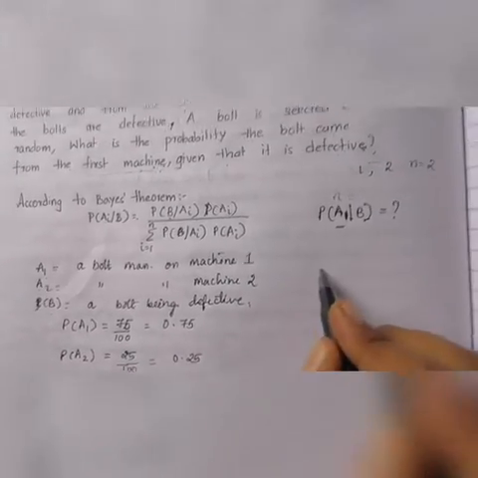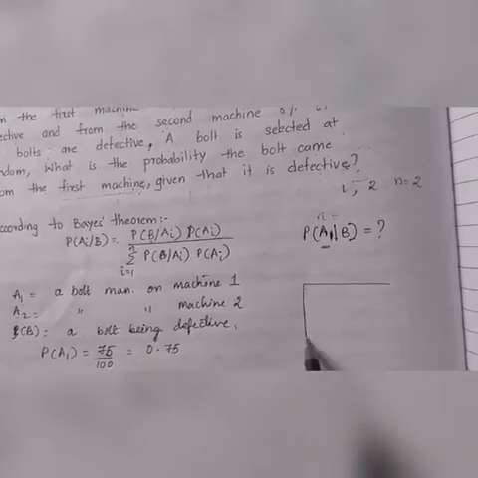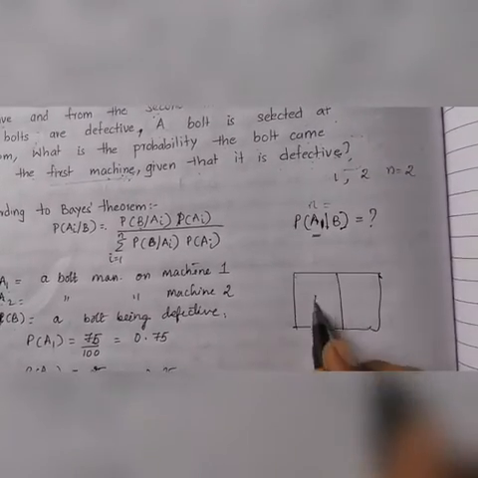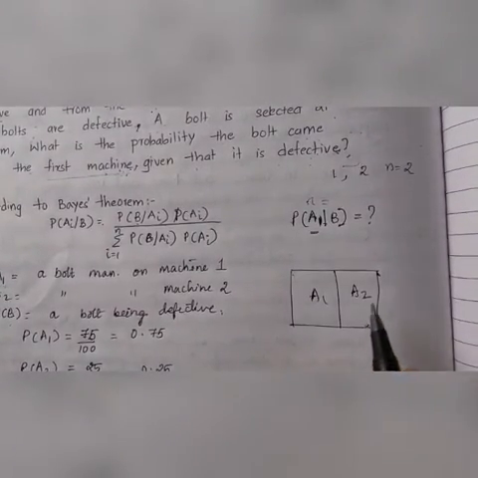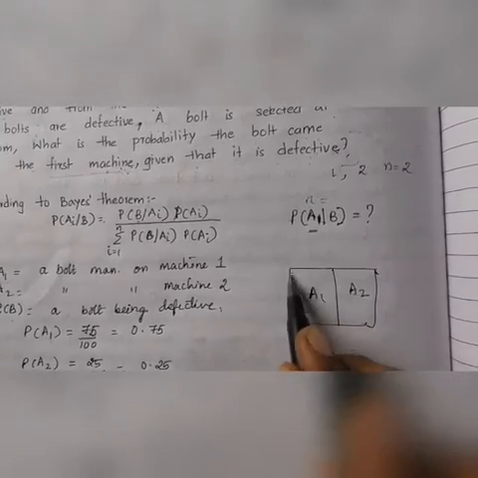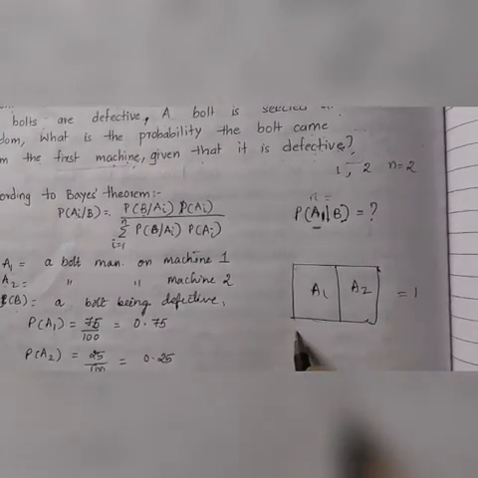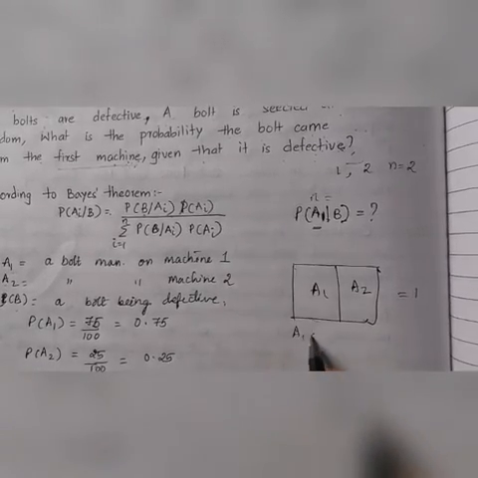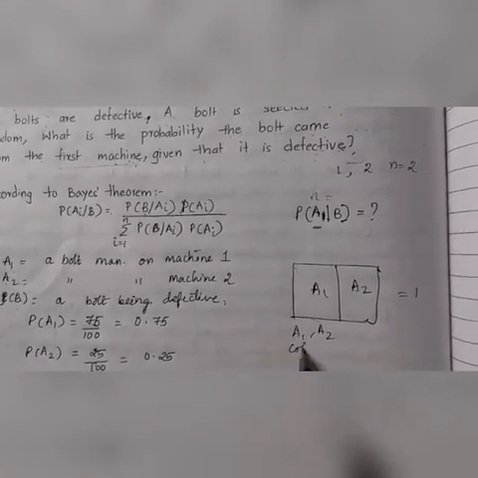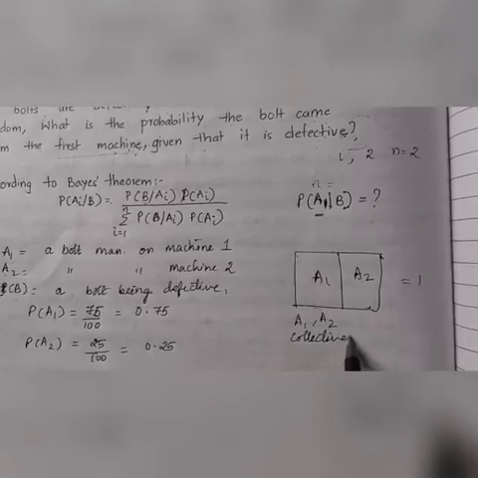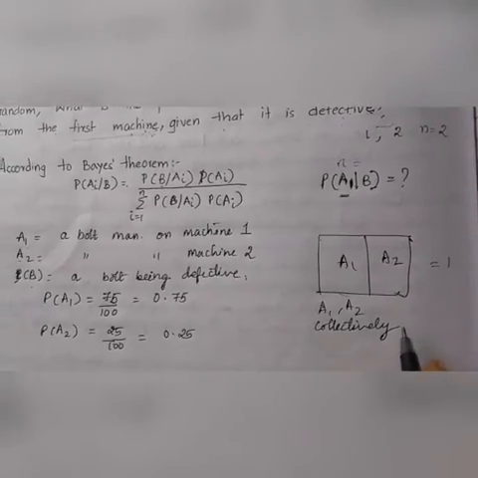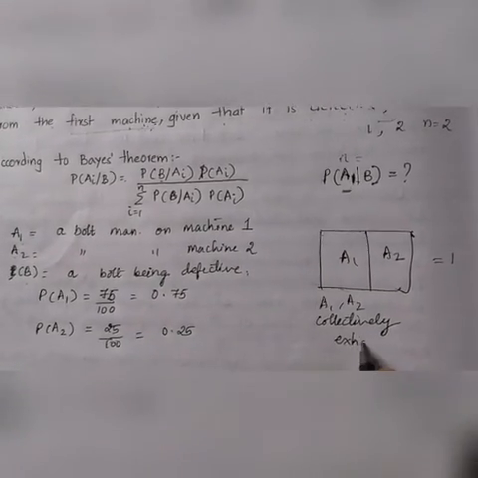Now in the theorem of probability, if this is A1 and this is A2, the addition of these two probabilities should be equal to 1, because these events A1 and A2 should be collectively exhaustive. If you remember the assumption of Bayes theorem, they should be collectively exhaustive.